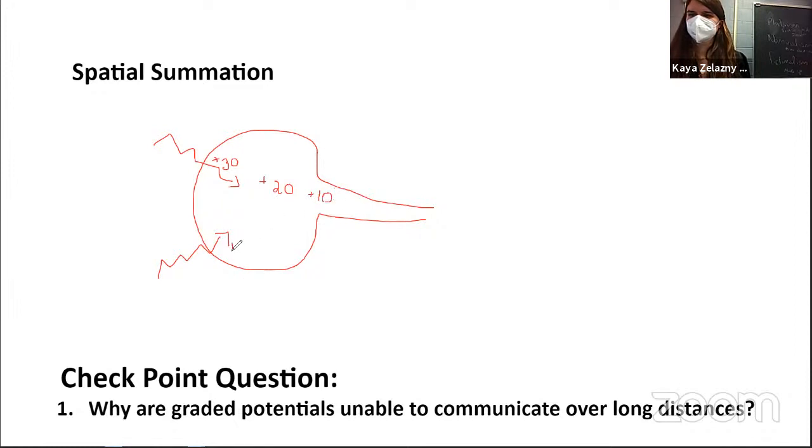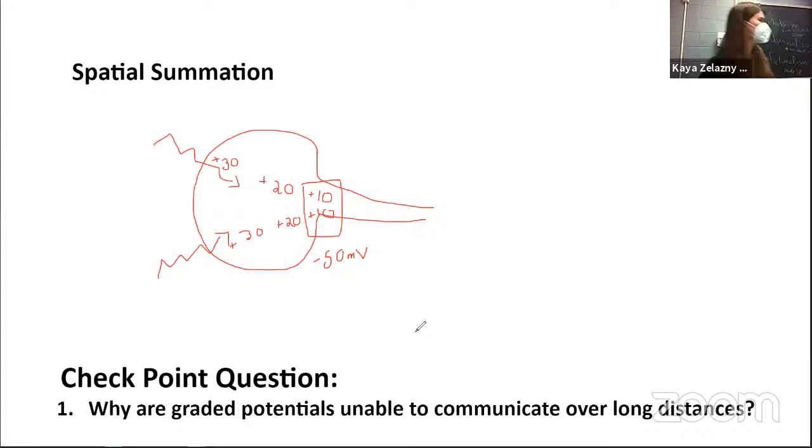Another 10, but the same thing would be happening for this other one. So then we could add these two together. So at this point, what is negative 70 plus 20? Negative 50. Great, it's an example which would fire stuff off. The negative 50 being higher than negative 55 would fire off an action potential.